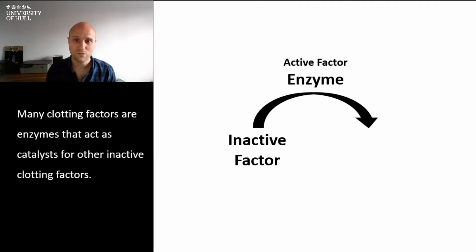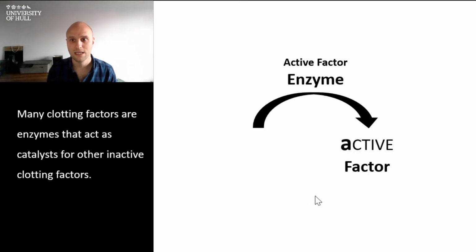So we have our inactive factor here. We have another protease that acts upon the inactive version that's been released by the liver, and we end up with our active factor that can then go on and interact with other proteins and with other parts of the haemostasis that we're trying to do.